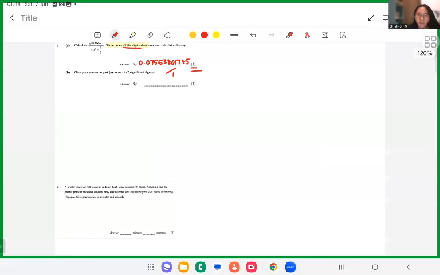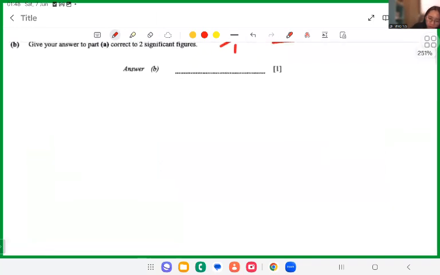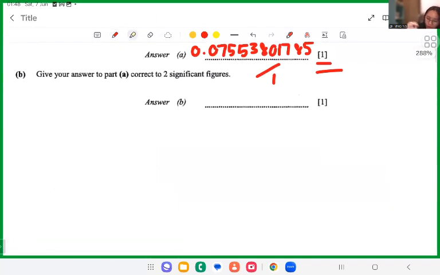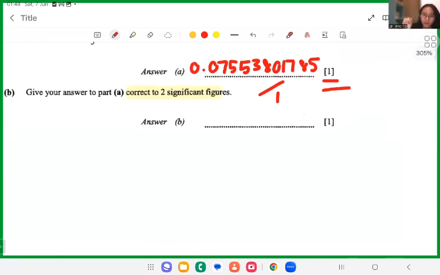Okay, so for question b, give your answer to part a correct to 2 significant figures. For this question, we look at the value we got from part a. We can see that there are 2 zeros in front of the first non-zero digit. We can just ignore them.